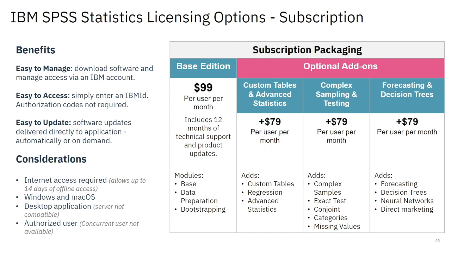So if you have a team of 5 people who need SPSS, you cannot buy one subscription for all 5 people to share. You have to buy an individual subscription for each and every user, right? So you have to buy 5 subscriptions for each of the users. Finally, it has become a popular option for customers because of the flexibility that it offers.